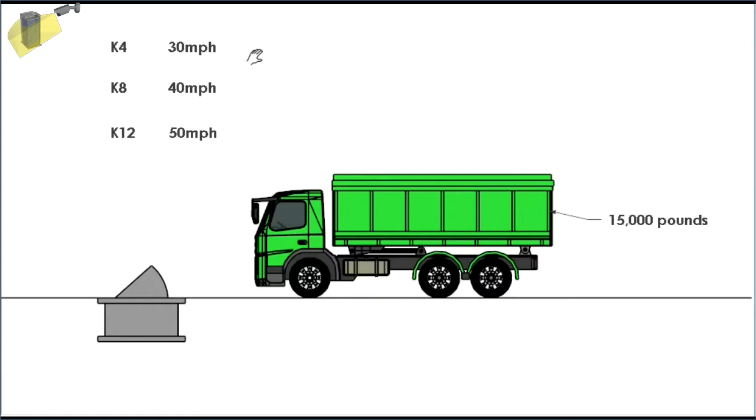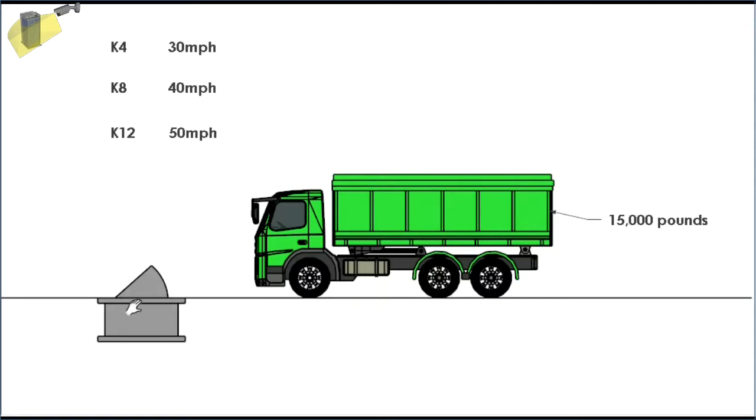If it is traveling at 30 miles per hour, and the vehicle is not able to penetrate the blocker more than 1 meter, then the blocker passes the rating K4. Similarly, if it was traveling at 40 miles per hour and is not able to penetrate more than 1 meter inside the facility, then it qualifies as a K8.